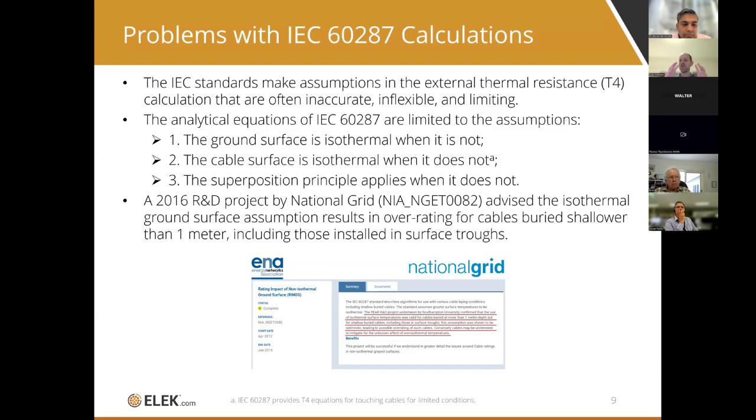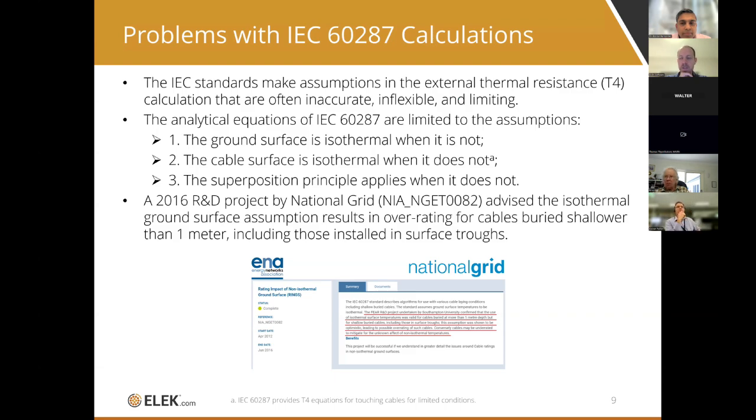So isothermal means constant temperature. But when you have cables that are in close proximity, touching cables, as you can imagine, the temperature around the perimeter of the cable is not the same. It's not constant. It varies a lot because of the mutual heating, the heat field from the other cables, not just the other cables, but also the environment.